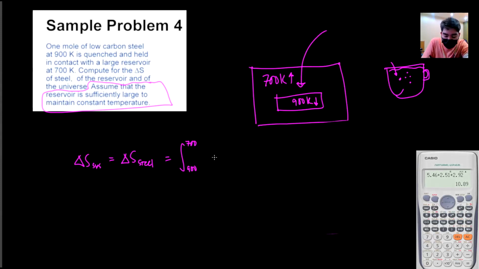Okay? So we do CP over T dT. And walang binigay na CP, no? So we have to find the CP value. So let's look for the CP value. CP dT over T, and this is for Fe. Okay? So we write it this way. So let's find the CP value of our Fe.